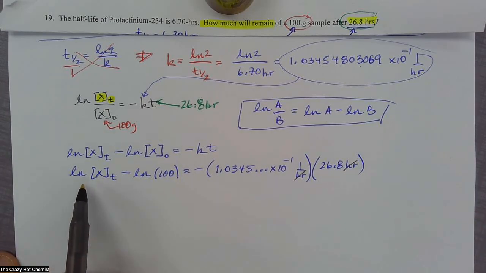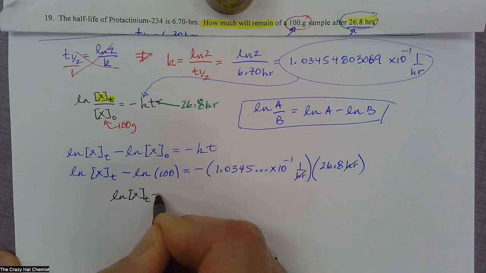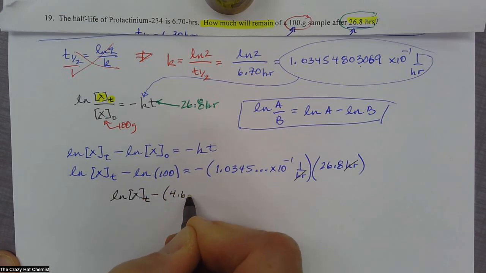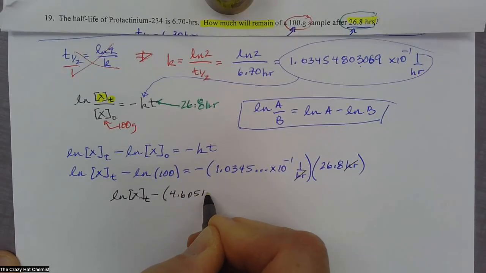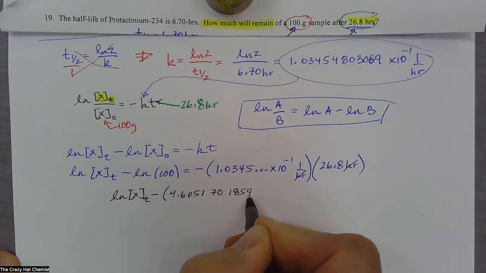So now we're going to do our mathematical wizardry, which is actually not really a lot of mathematical wizardry. It's just using this and plugging it into your calculator. So we're going to have natural log of x sub t minus 4.6051, 70.18599.